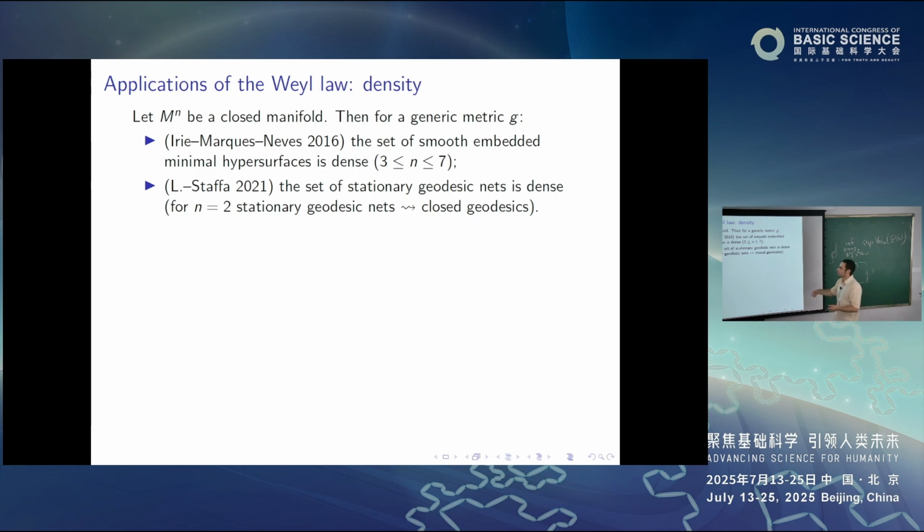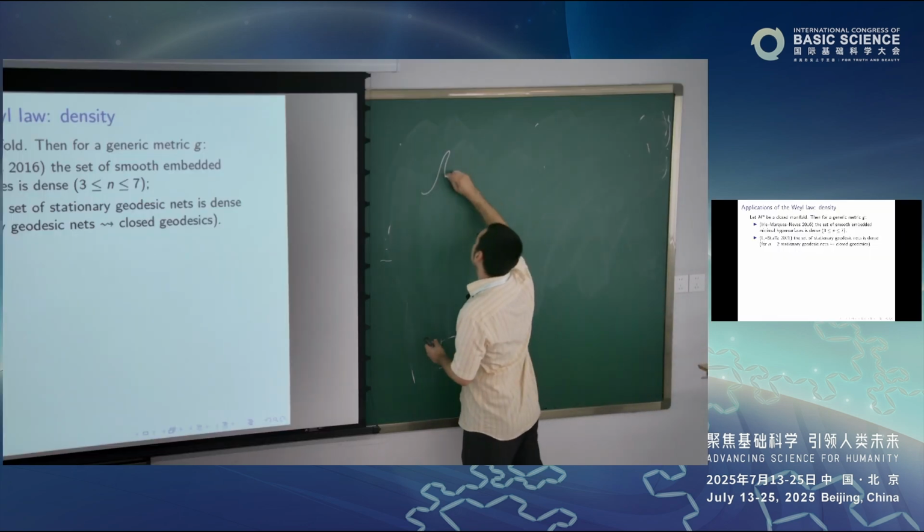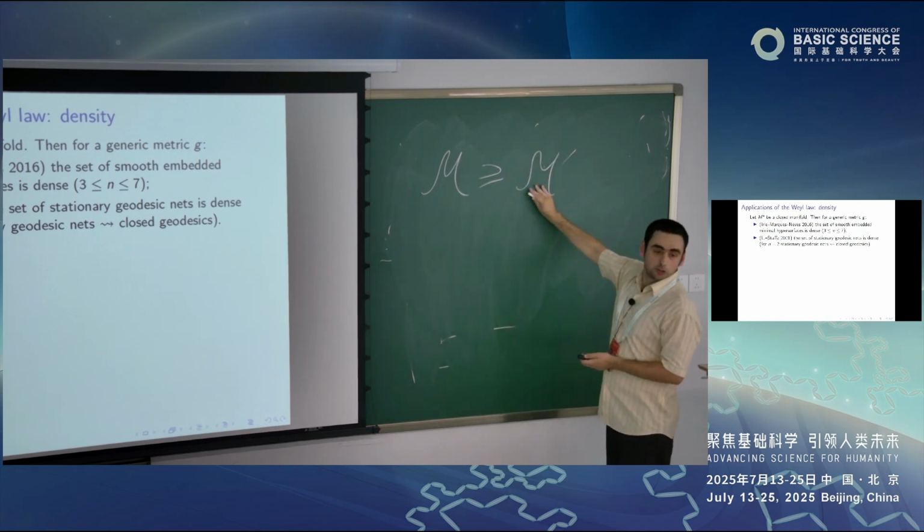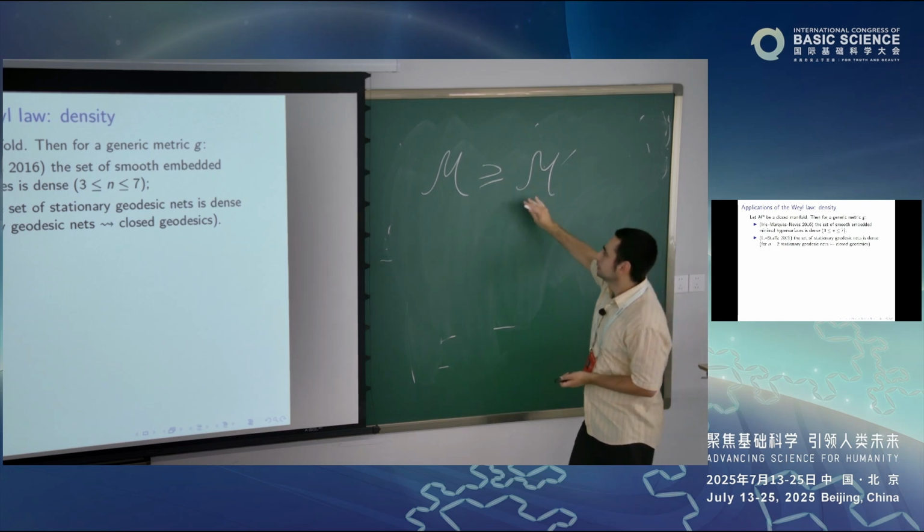So the statement is like this. Look at the space of metrics, and inside you have a countable intersection of open and dense sets.